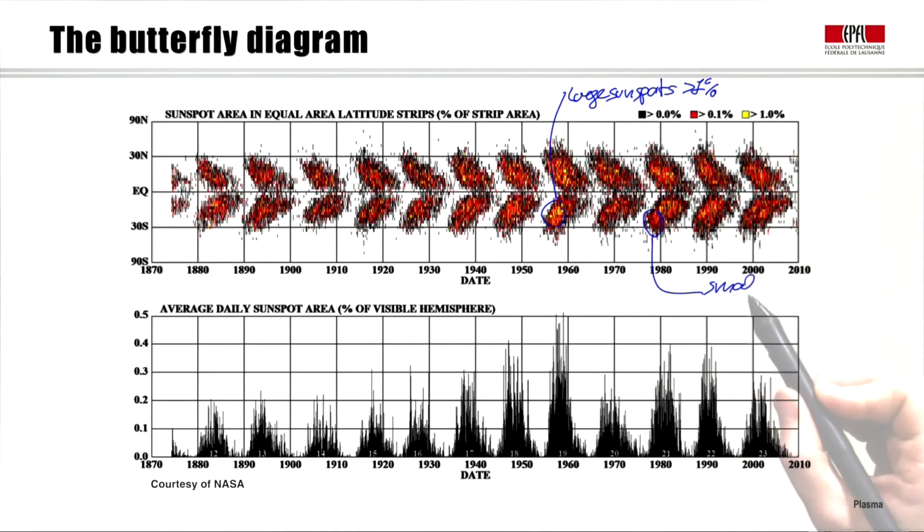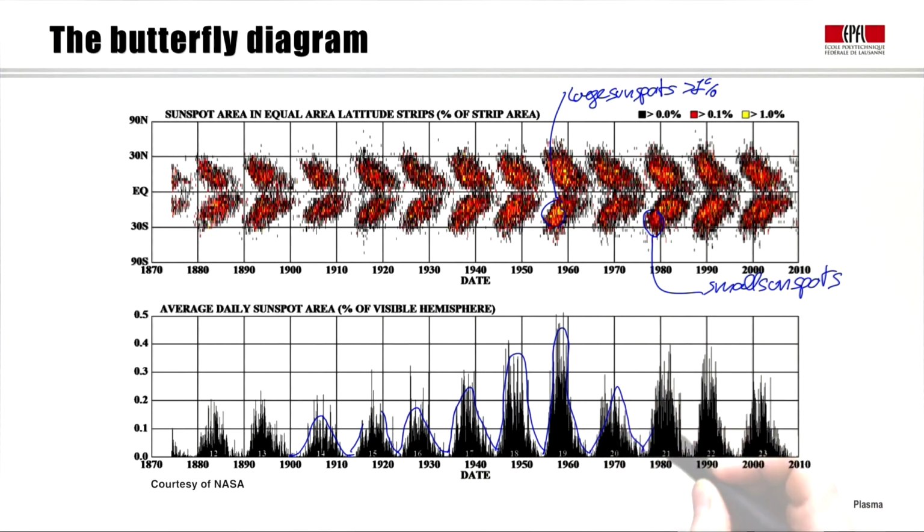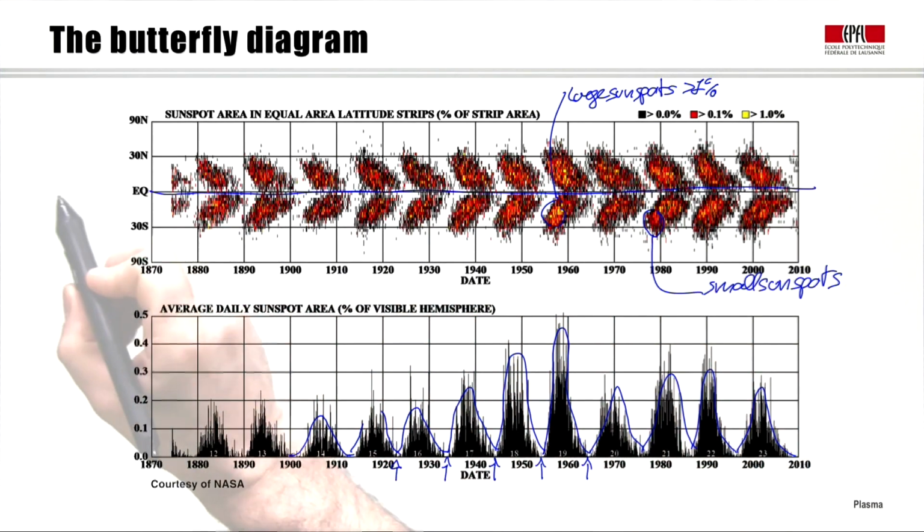Dark colors identify sunspots that are smaller. The bottom plot shows the sunspot area and allows us to identify each individual solar cycle by looking at the minima. In this figure, the central line identifies the equator of the Sun.